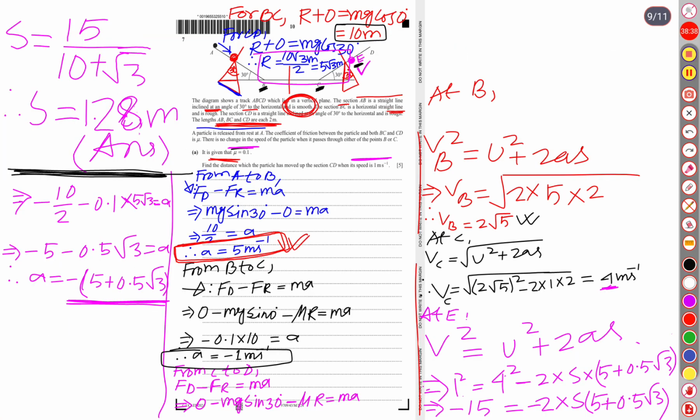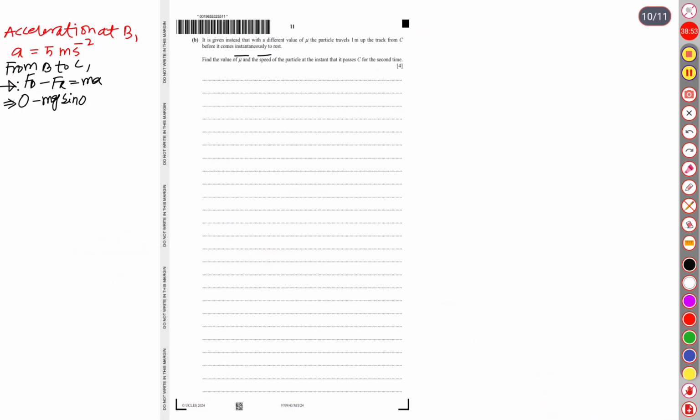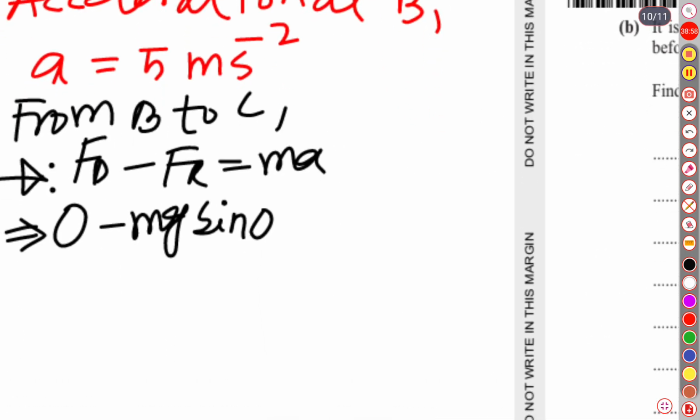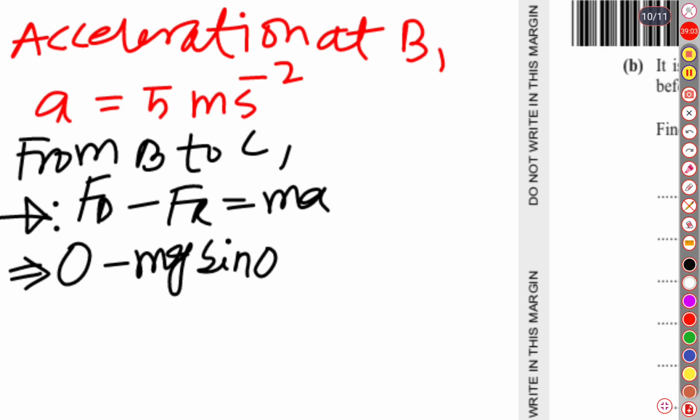The third resistance to motion is the frictional force, and frictional force is mu R. Mu R equals mass into acceleration. Mass is not given, and acceleration due to gravity is 10, sin 0 is 0, so this is just 0.